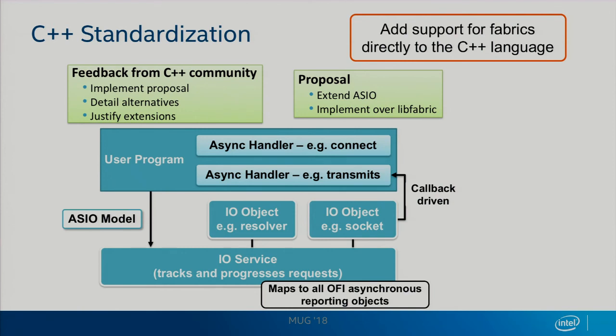It's called ASIO. If you're aware, you can check the ASIO model. This will allow applications that don't want to learn too much about the low-level programming of libfabric to stay at the C++ layer and just use it.